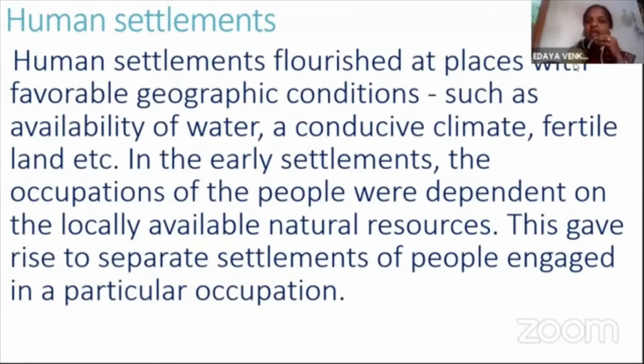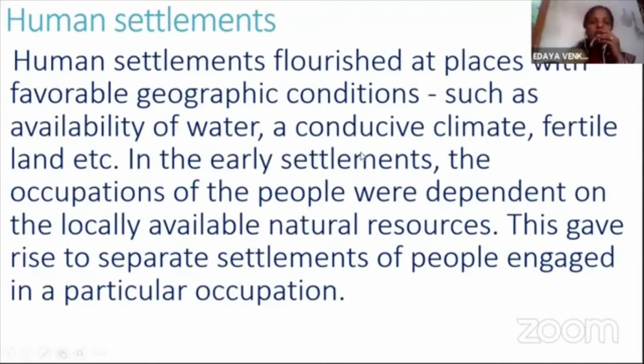Human settlements flourished at places with favorable geographic conditions such as availability of water, a conducive climate, fertile land, that is our basic need, that is food, clothing, shelter, water and all. So in a favorable climate condition, humans used to settle down in early settlements.